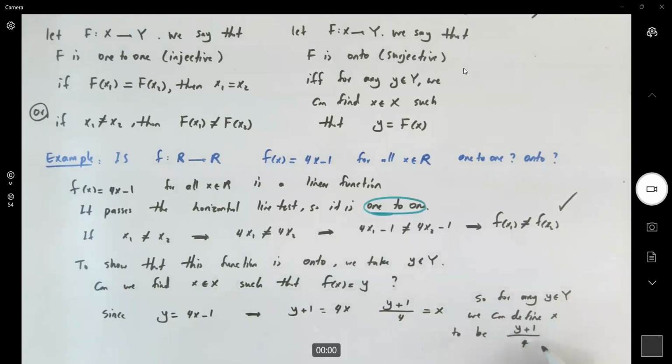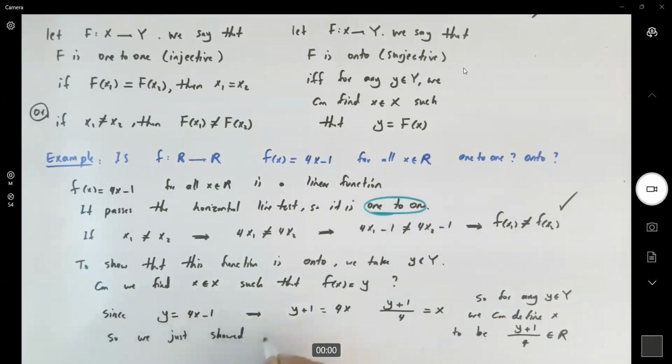Is this a real number? Of course, it belongs to R. So we just showed that f is onto. It wasn't that hard, it wasn't that difficult. I did the algebra, this fraction is a real number, so I'm done.